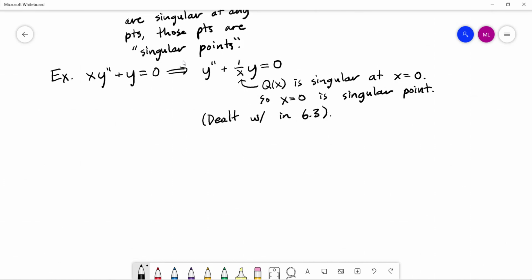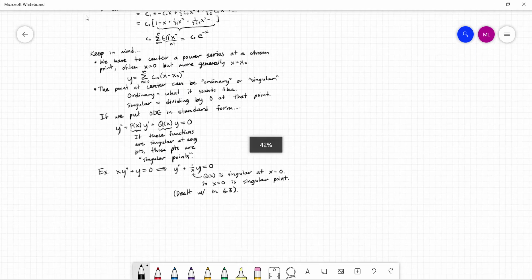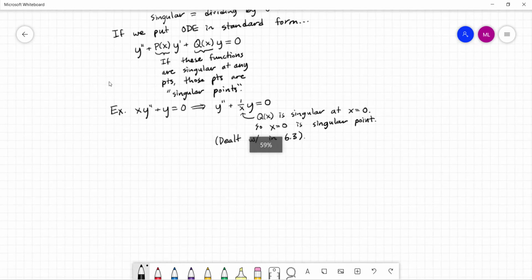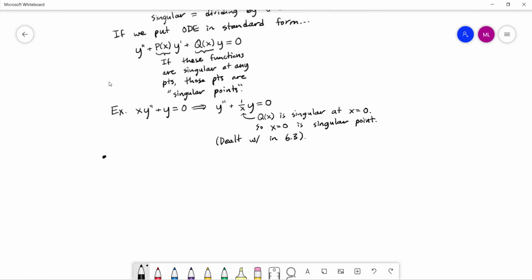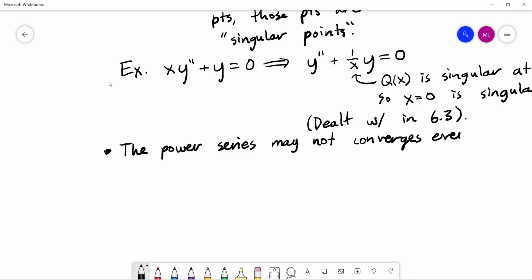The last thing that I want to keep in mind, because I think we had a bullet pointed list going at some point. Yes, so bullet point 1, bullet point 2, down here is bullet point 3. Bullet point 3 is that, again, power series don't always converge everywhere. So the power series that we find for our solution may not converge everywhere. Right?